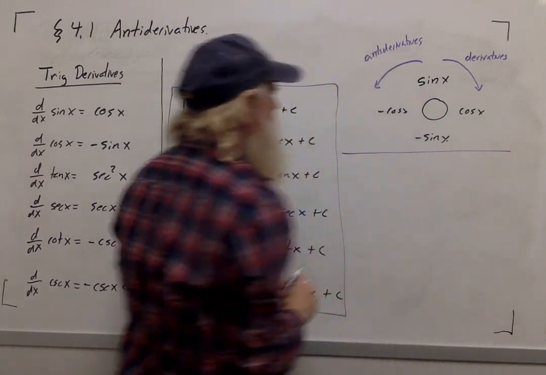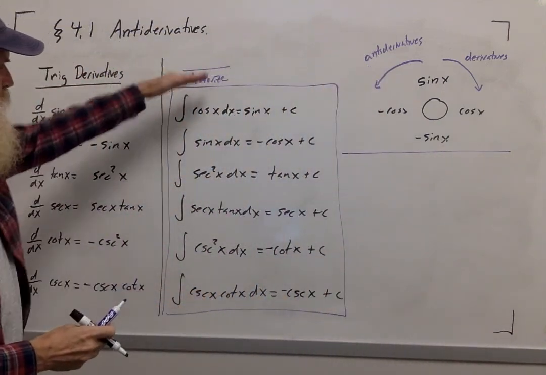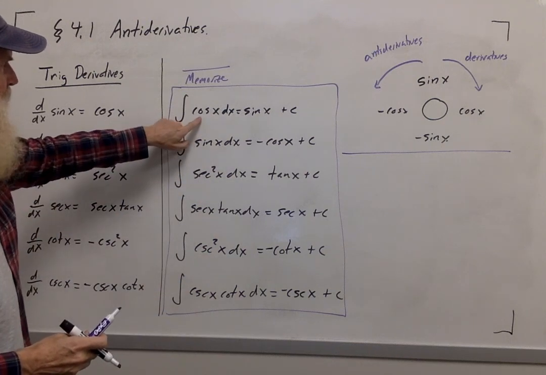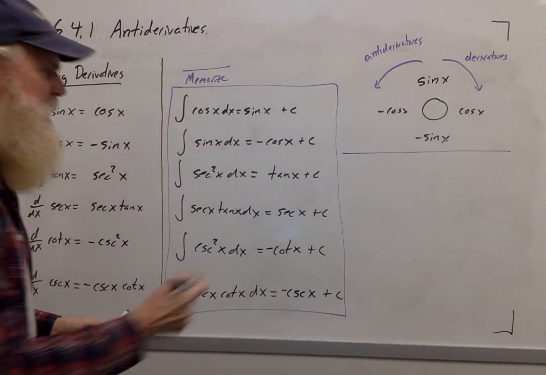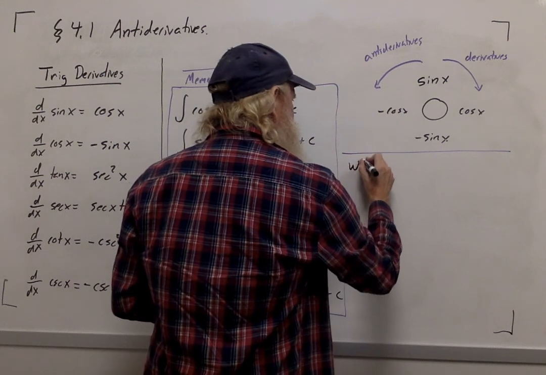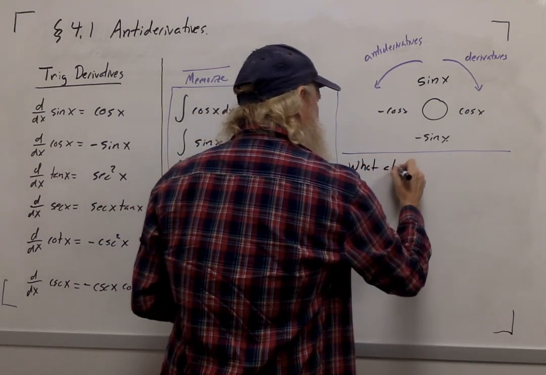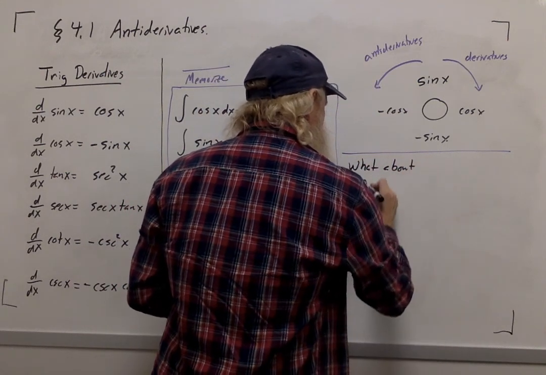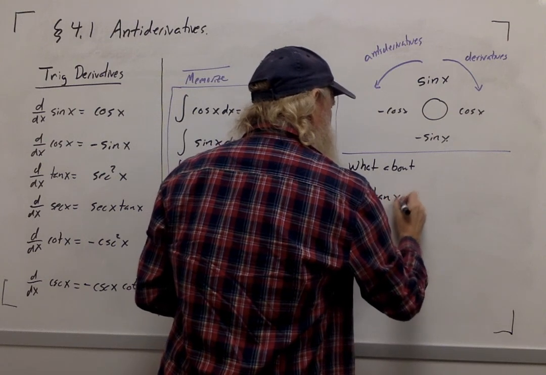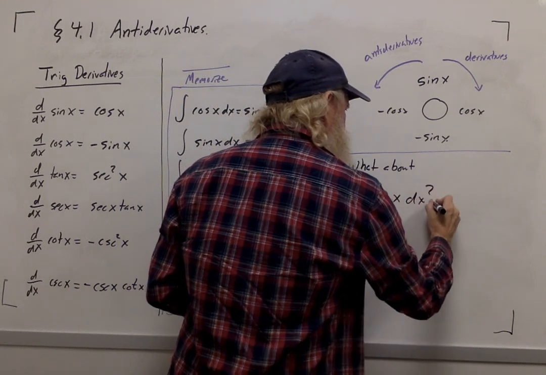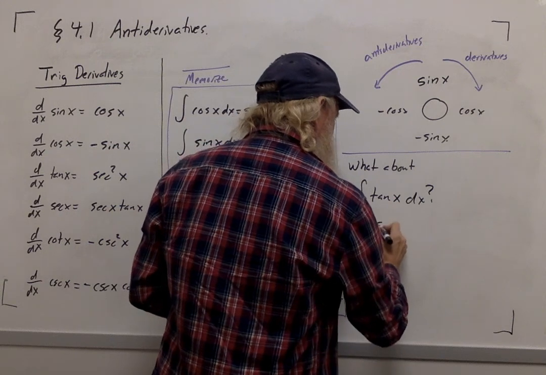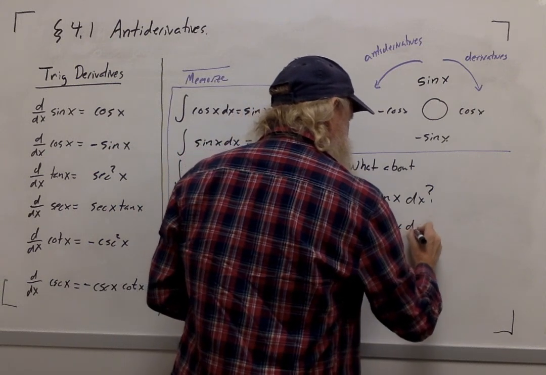Now, a couple of things that you might be wondering is if you scroll down this list, we see the antiderivative of sine x and cosine x, but for example, we don't see the antiderivative of tangent x, or the antiderivative of secant x.